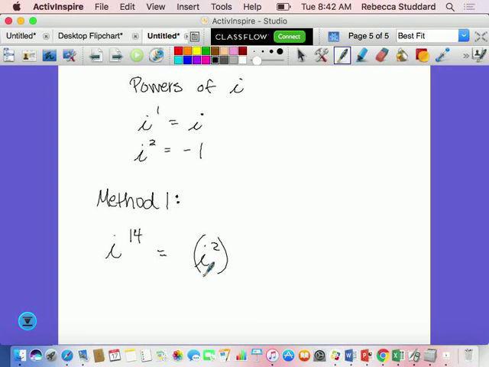The 7th. Because we know that when you raise a power to a power, you multiply. So i squared raised to the 7th. Basically, you just divide this number by 2. What is i squared? Negative 1. So we have negative 1 to the 7th, which is negative 1.